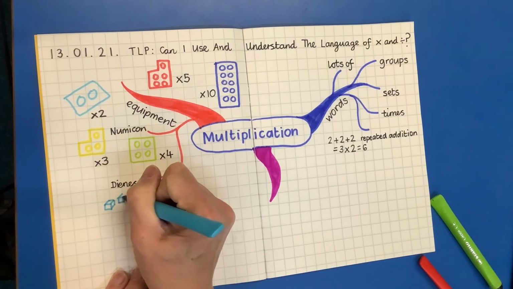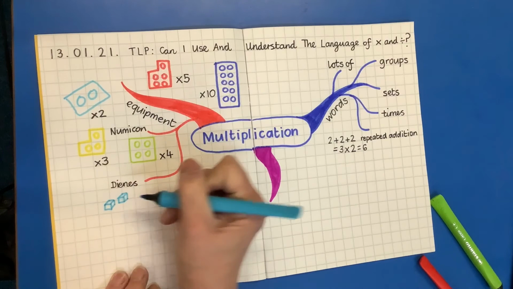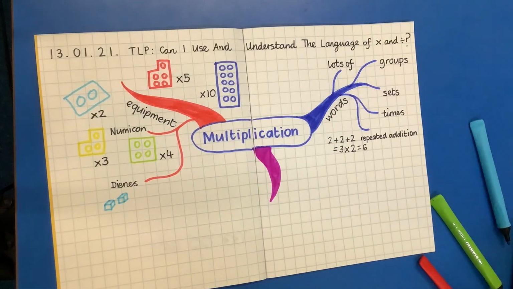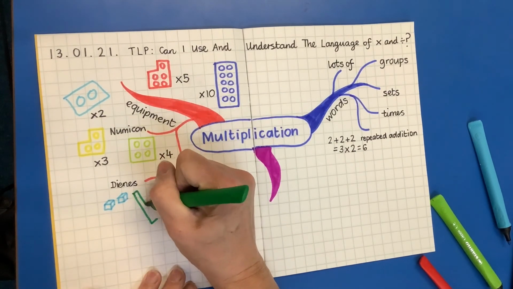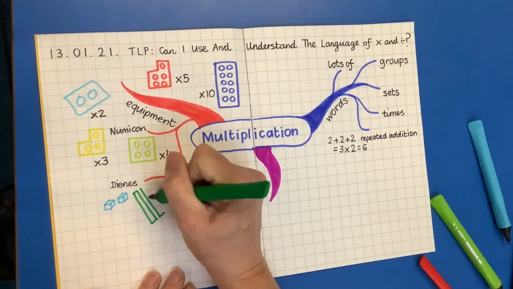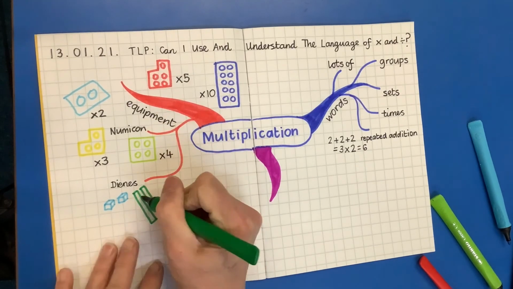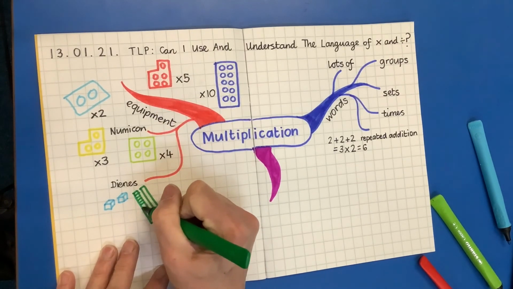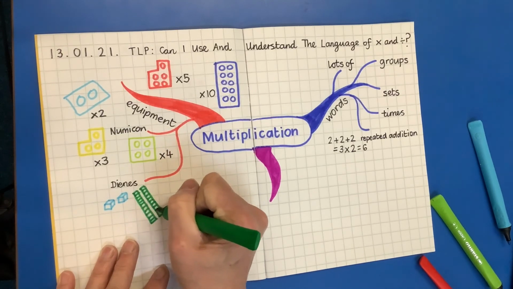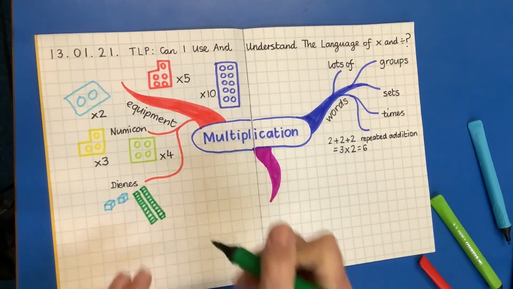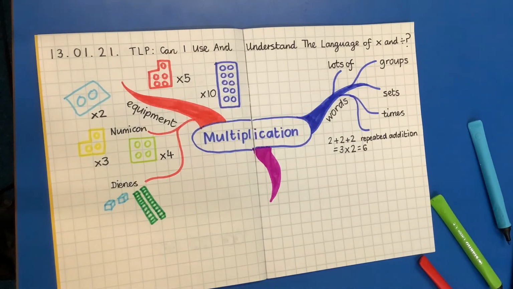I'll just randomly draw 2 of them. And we also use 10 sticks for Deans. Don't worry, it's not an art lesson, just do your best. So that's Deans, that we might get groups that are the same size and think about what we've got all together.